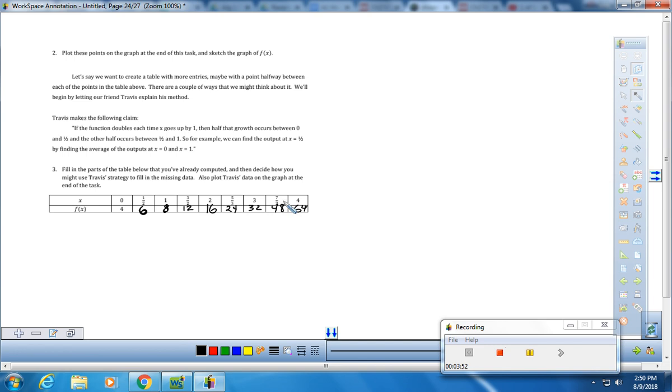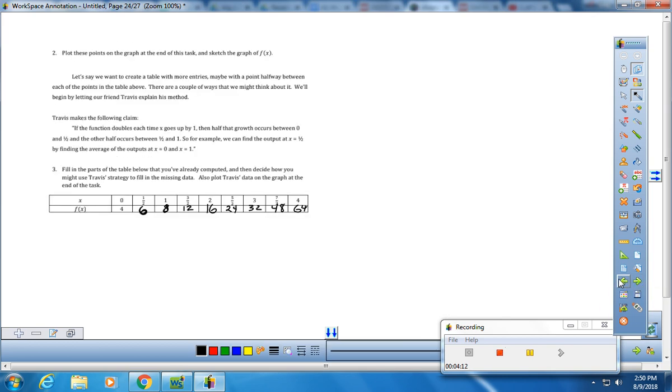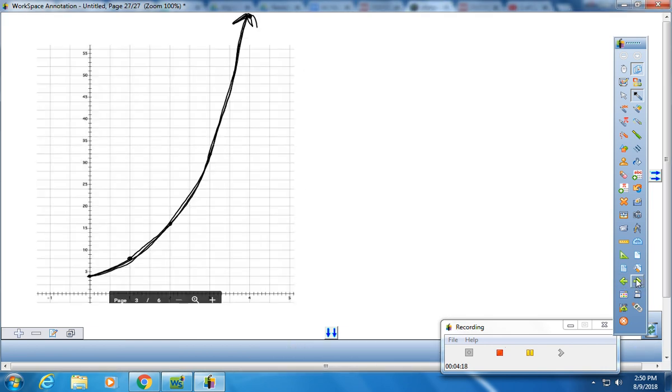Okay? And so now they want us to plot those points. Also plot Travis's data on the graph at the end of the task. So Travis's data was 1.5. Well, half was comma 6, so Travis's data was right there. That's pretty close. This was at 8.